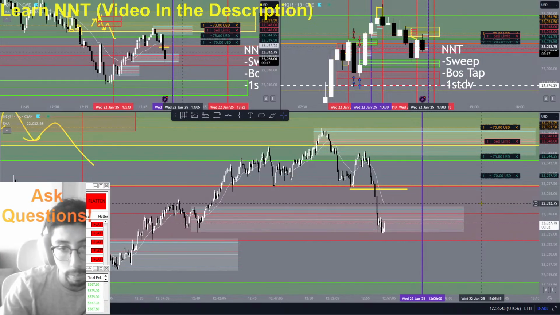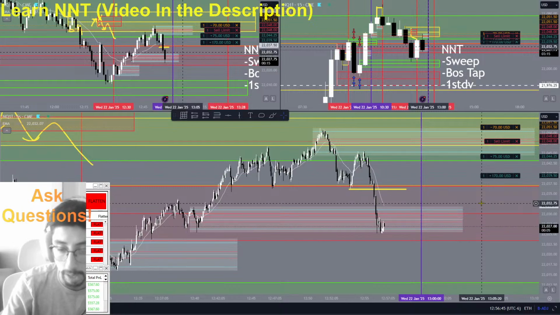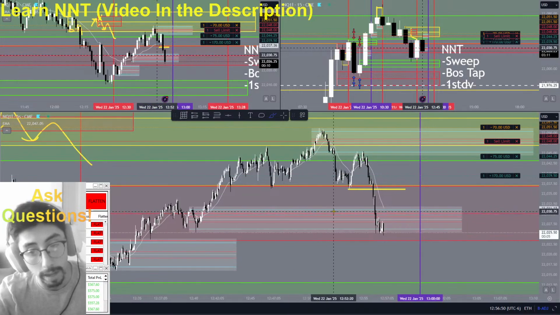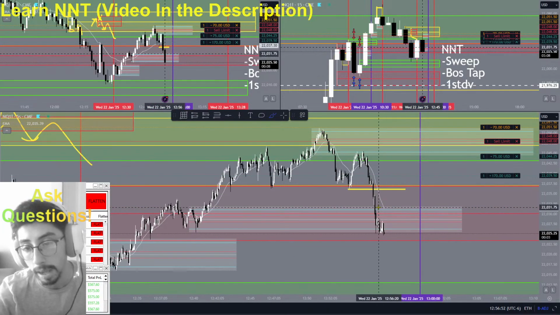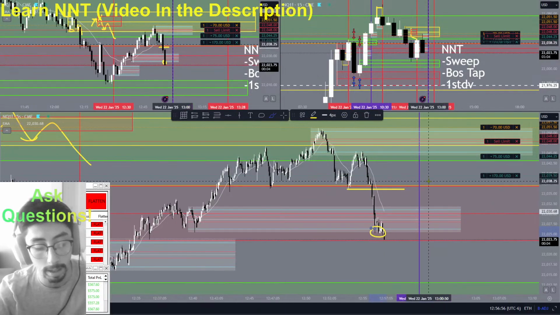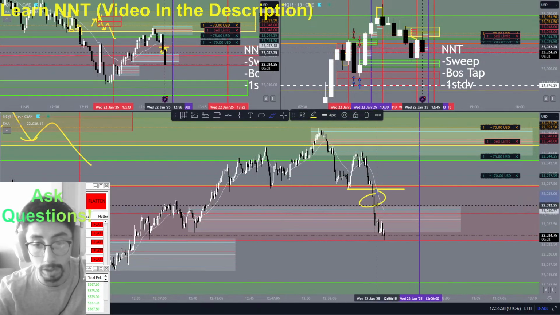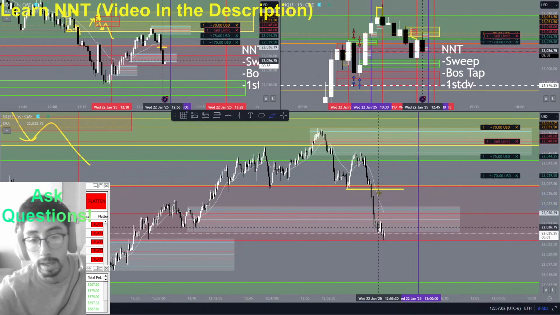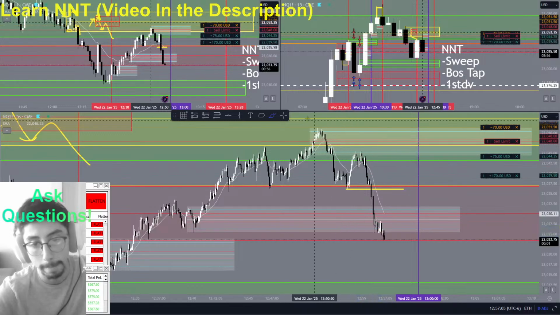We didn't mitigate it, but we did touch the entrance of it, and we dumped immediately after. I didn't want to be in the way of that. It's a counter trend play, and clearly the zone was in the way. Stop loss got hit immediately, but it almost reacted to the zone, so I could even convince myself, oh, it reacted to the zone, I should take it. But no.